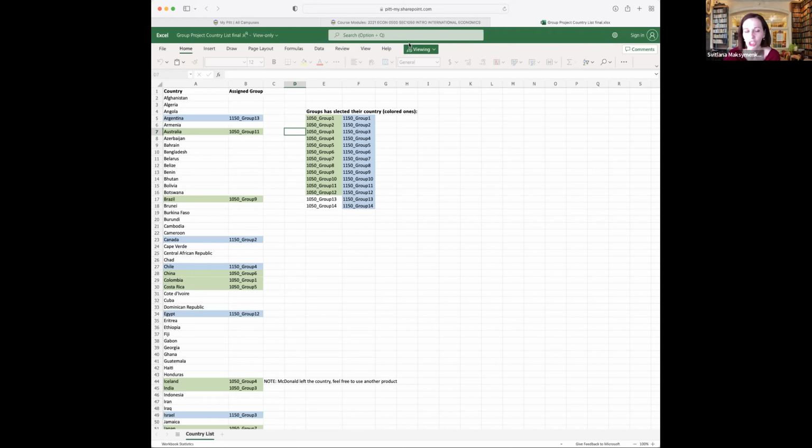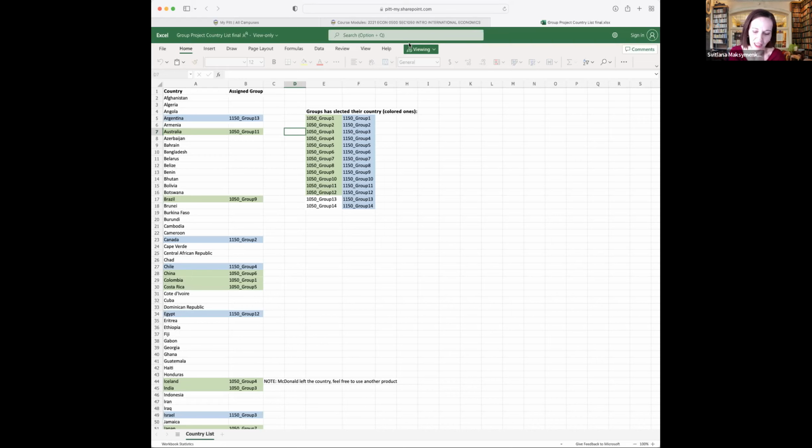Eventually, I removed the members of the European Union, especially members of the Eurozone, out of the list, simply because if I would have, I don't know, 10 groups who selected members of the Eurozone, then their answers about foreign exchange rates, about the fixed rates versus flexible rates questions as part of the group report would be simply identical. It would be everything about the euro.